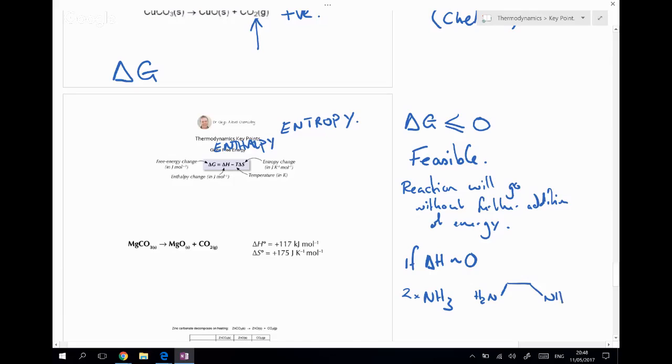The enthalpy change for that sort of reaction, that ligand exchange, is going to be about 0 because you're going to be breaking nitrogen-metal bonds and forming nitrogen-metal bonds.